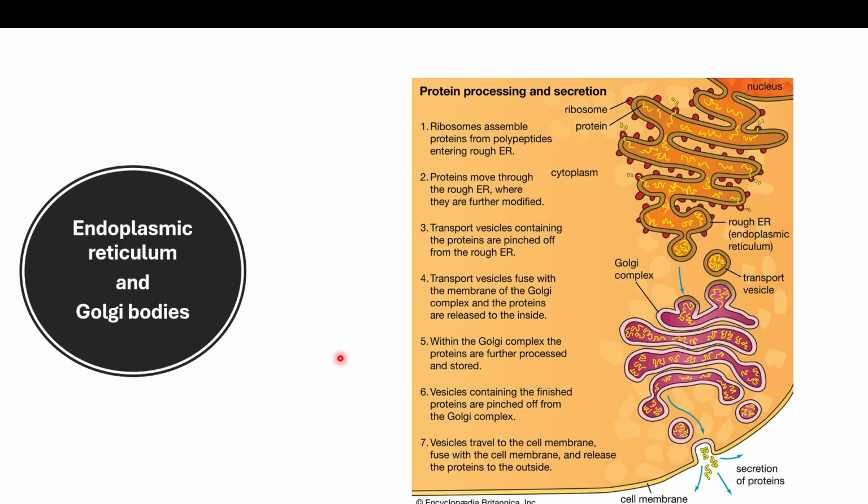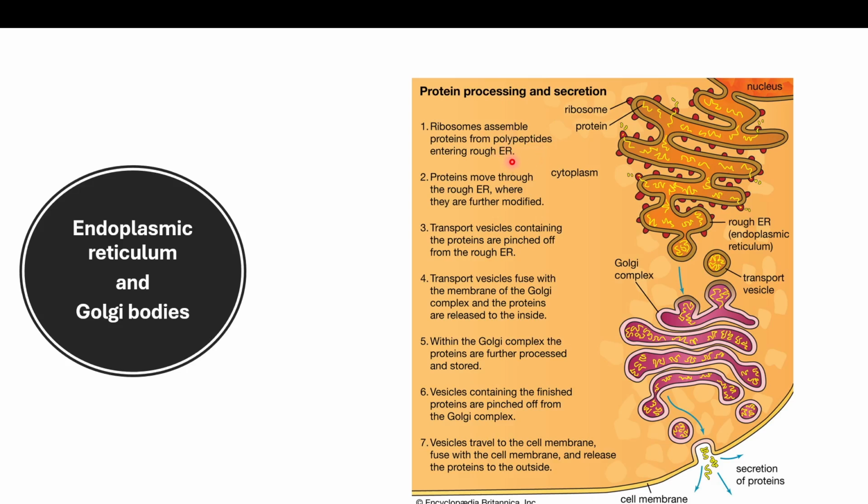Now, if we talk about endoplasmic reticulum and Golgi bodies, endoplasmic reticulum and Golgi bodies are the protein processing and protein secretion unit. If we see, this is the nucleus here, right? So ribosomes assemble proteins from polypeptides entering the rough ER.